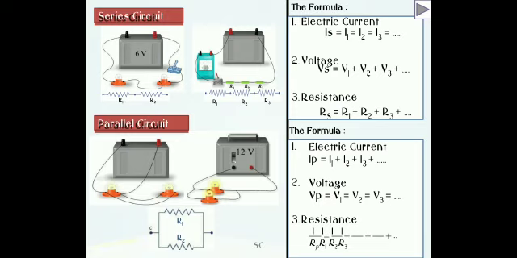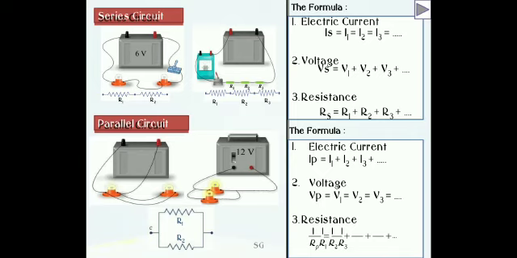Next, here I am connecting series circuits and parallel circuits in a single slide. In the first figure, I have a 6-volt battery and two resistances R1 and R2, and another battery connected with an ammeter and three resistances R1, R2 and R3 connected like this.